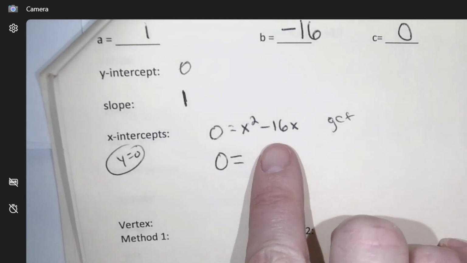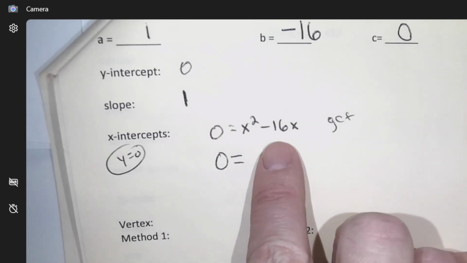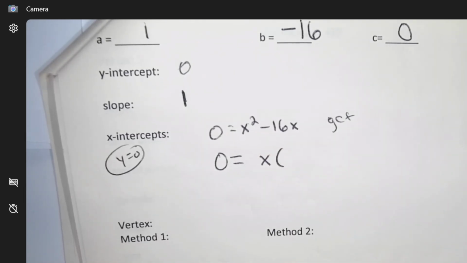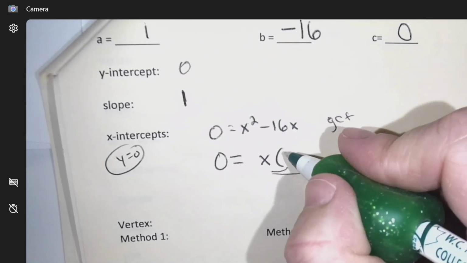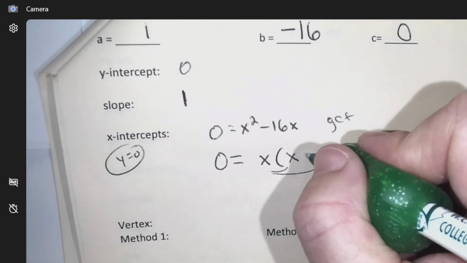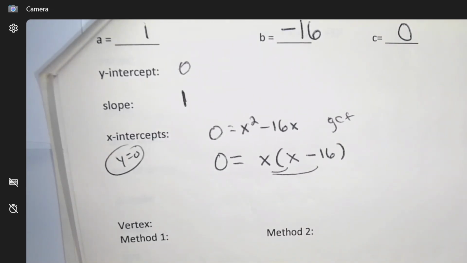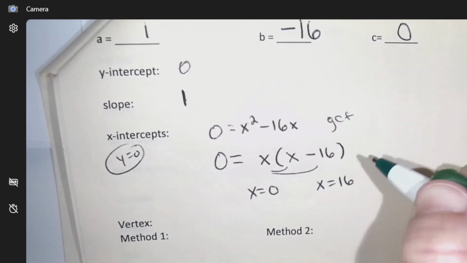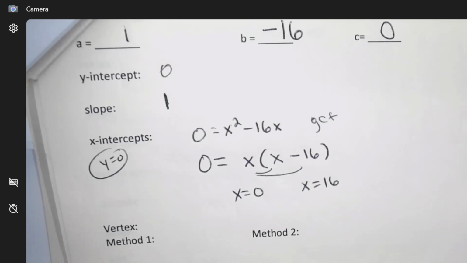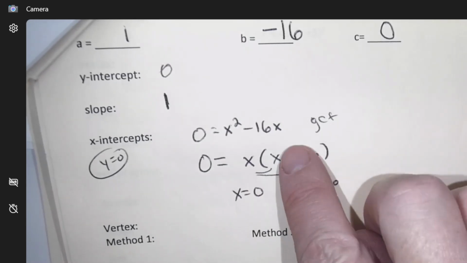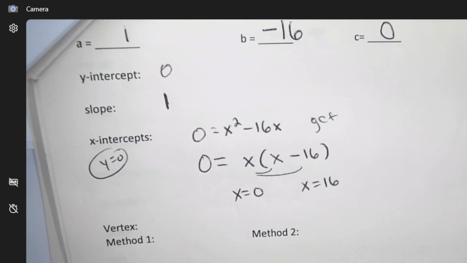This one is a little tricky. I get lots of people who think it is the difference of squares because of 16, but it's not 16, it's 16x. So we get x times x and x times negative 16. My x-intercepts are what makes this 0, 0, and what makes this 0, 16.